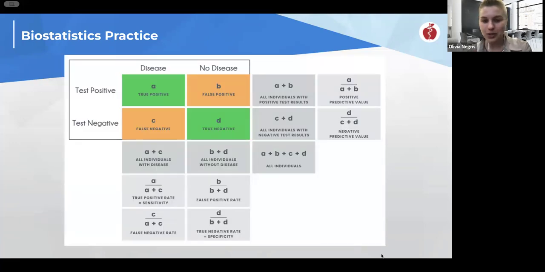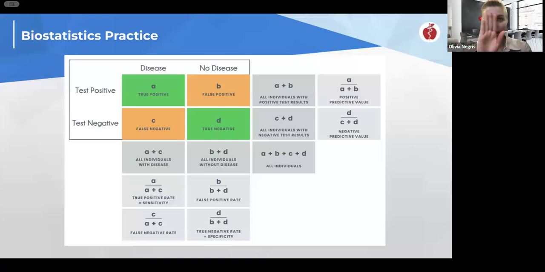This 2x2 table is going to come up time and time again when you're going through your biostats questions. So if you see these questions and you get that pit in your stomach of, oh my gosh, I hate working through these, this is something that you really should try to commit to memory.